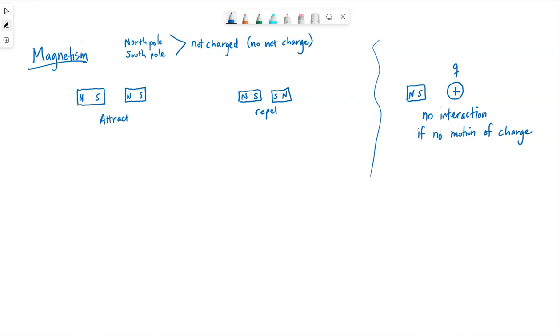It's really easy to want to just assume one end is positive, one end is negative, but that's not the case. The magnet itself is neutral, and so we can't say there's a positive versus a negative charge. So magnetism is due to something different than just having a positive or negative charge.